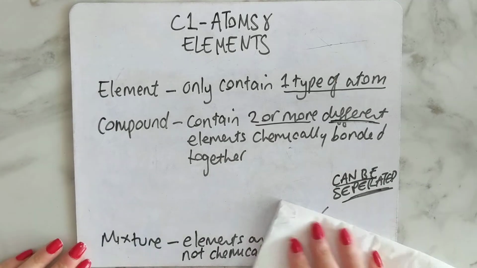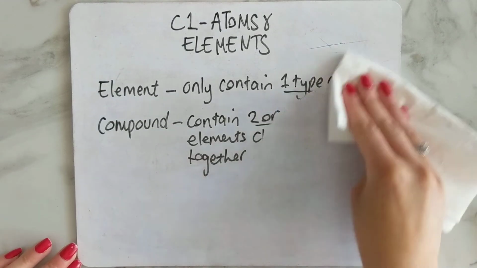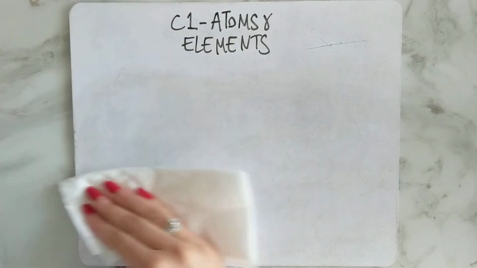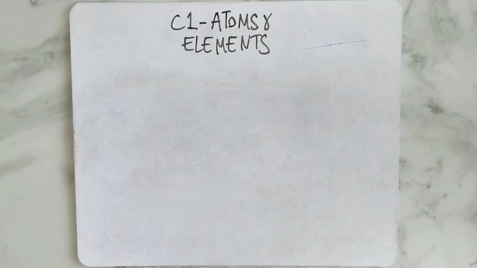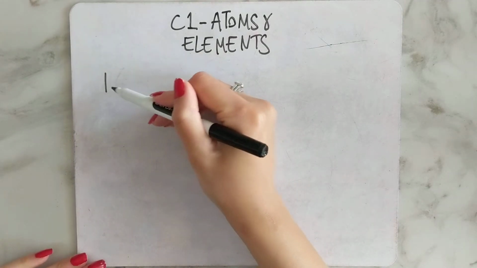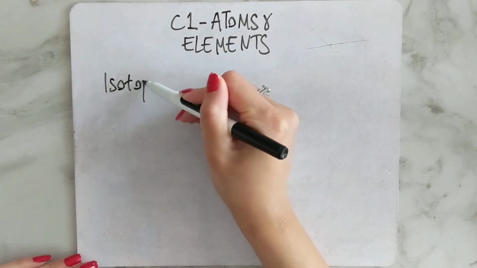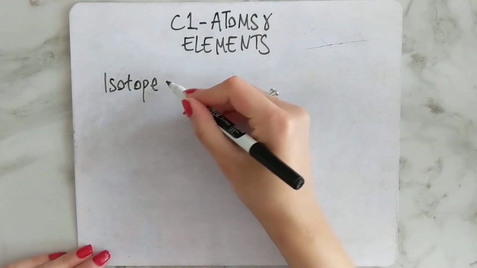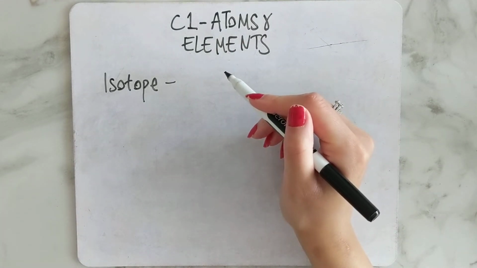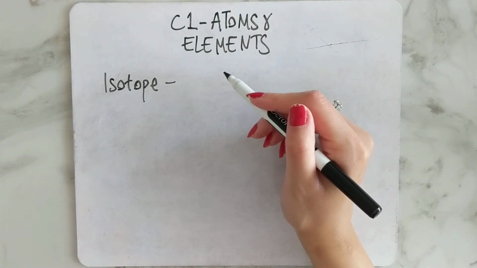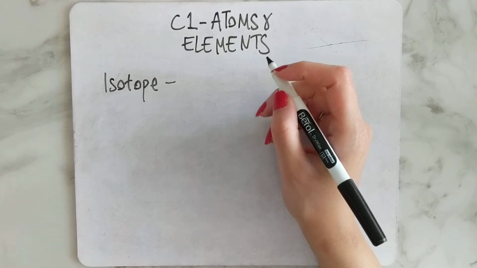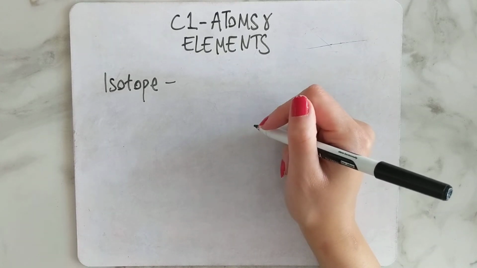Okay, last bit then, isotopes. That's the last bit that we're going to look at in this video, isotopes. So what is an isotope? An isotope, they're just different versions of an element. So think of it as a bag of Walker's crisps, right?